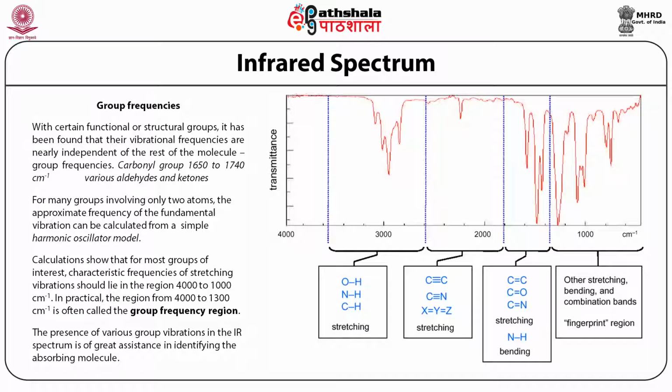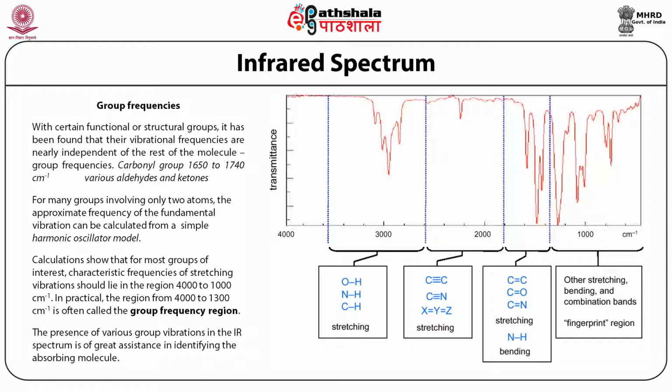You can see that most organic compounds have a typical pattern in the fingerprint spectrum. The second region gives the information about stretching in carbon-carbon double bond, carbon-oxygen double bond, carbon-nitrogen double bond, and bending of nitrogen-hydrogen bond.